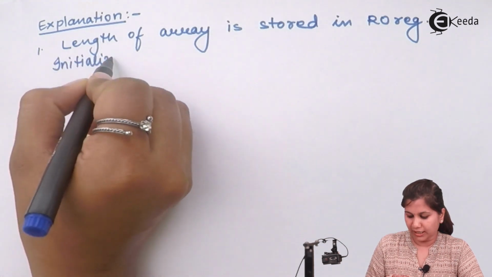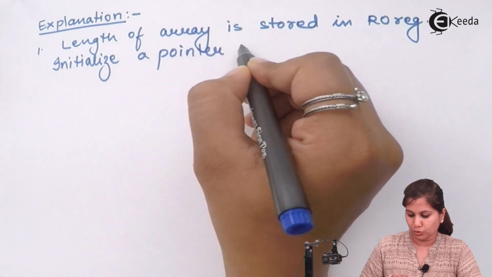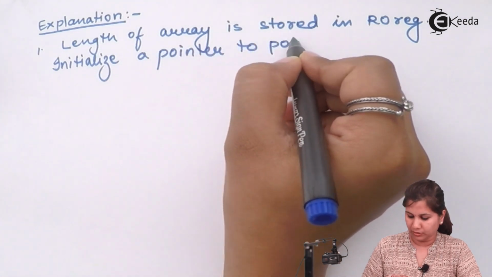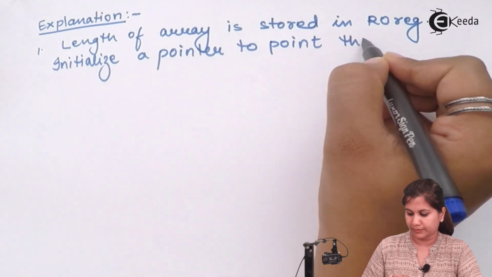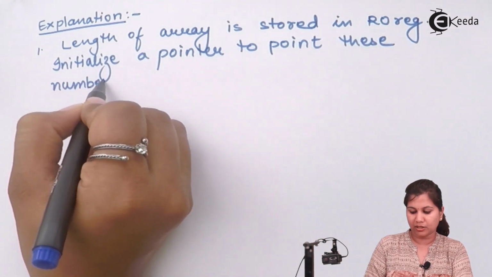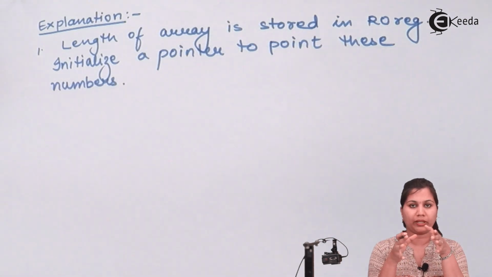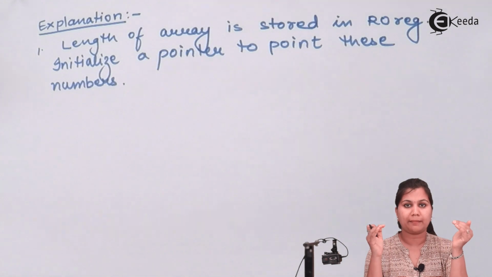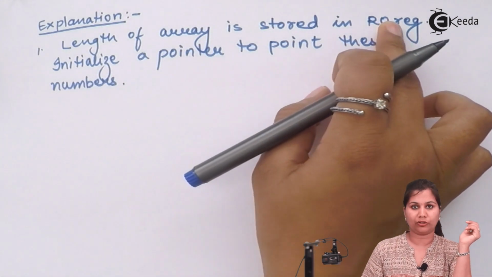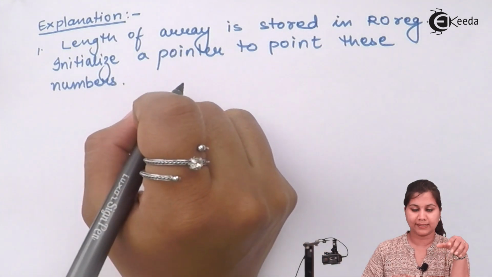We will initialize a pointer to point to these numbers, because all the numbers are stored from the 3000 memory location, and how many numbers are present is stored in register R0. So we will use a pointer to point to these numbers.